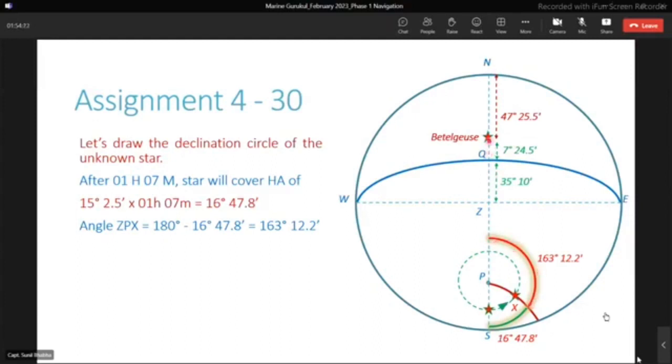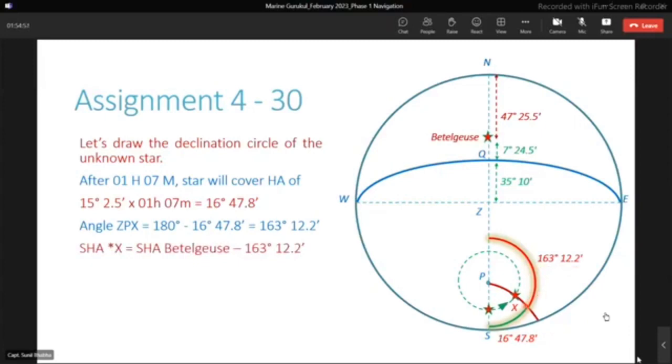This is where Betelgeuse is. If you go in the easterly direction, see this is the easterly direction. So from Betelgeuse, if you go in the easterly direction by an angle of 163 degrees 12.2 minutes, you reach up to the unknown star. Or in other words, the unknown star is 163 degrees 12.2 minutes east of Betelgeuse.